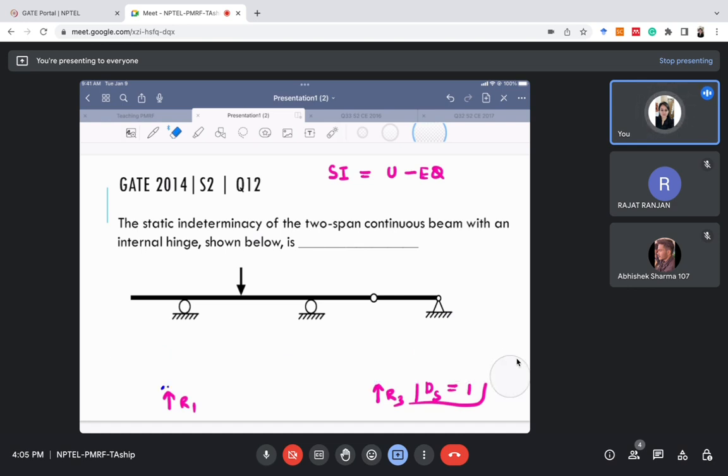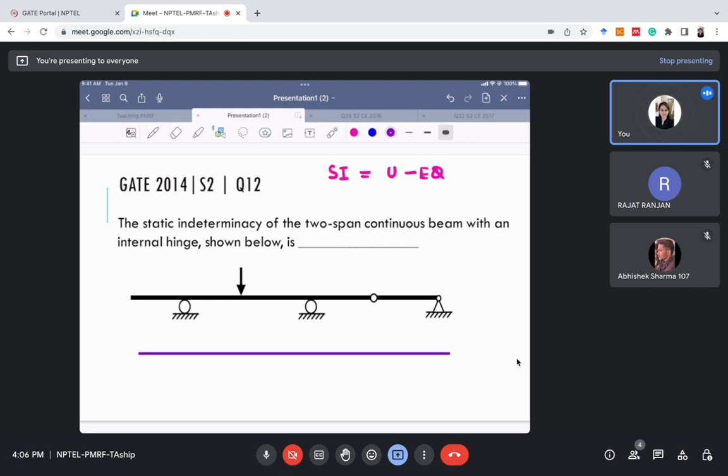So that's how you should proceed for a simply supported beam, right? Now in our structure, if you want to find the degree of static indeterminacy, we'll proceed in the same way. This is a simply supported beam with an overhang initially, right? So at this point, it is a statically determinate structure, right? Now we are adding one support here. So what will be the degree of static indeterminacy now?